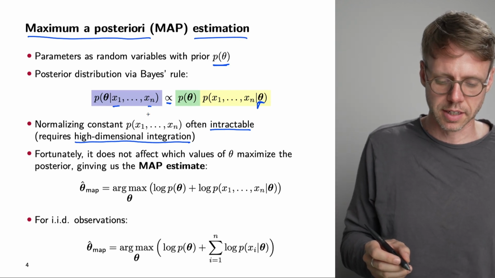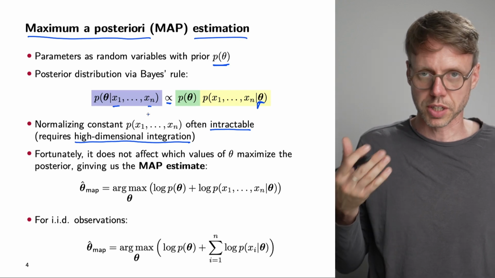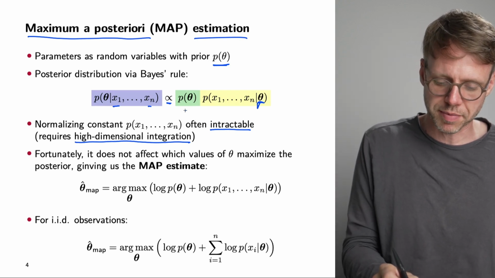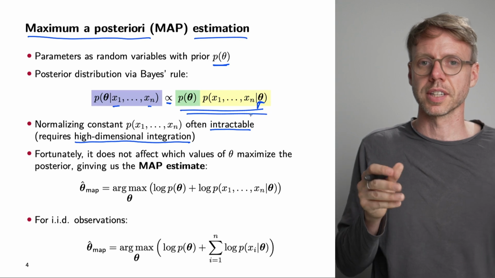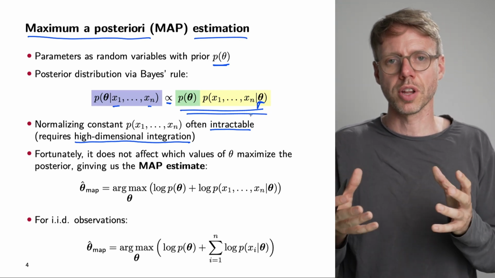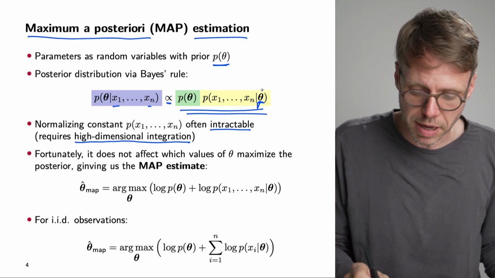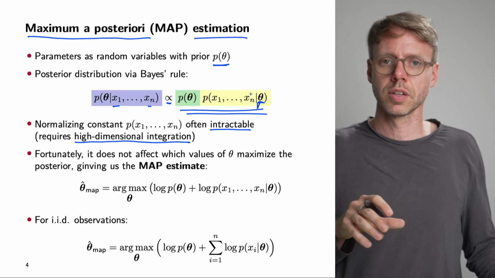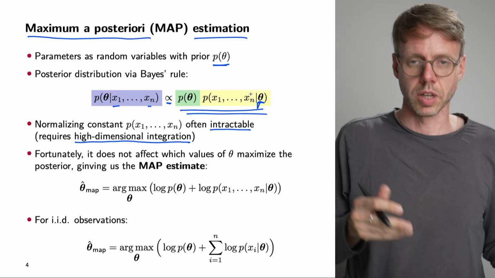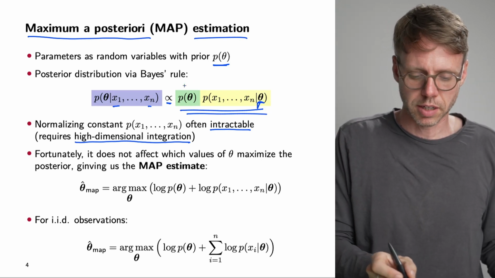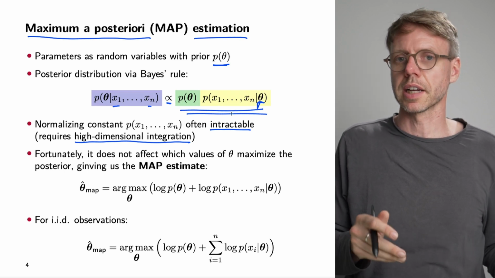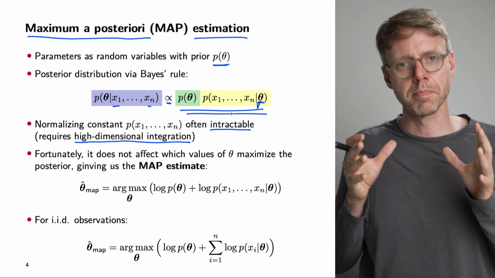We don't need this constant, which is so expensive to compute, because we have something that is proportional. So it's equal up to a constant. It's a constant that does not depend on the parameter of interest. So the proportional part, here's the product of the prior times the likelihood, should have the same maximum.